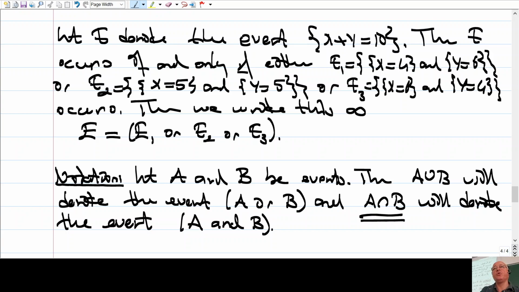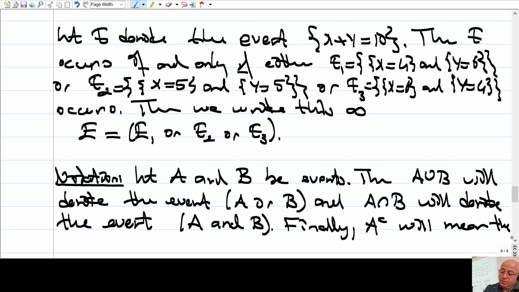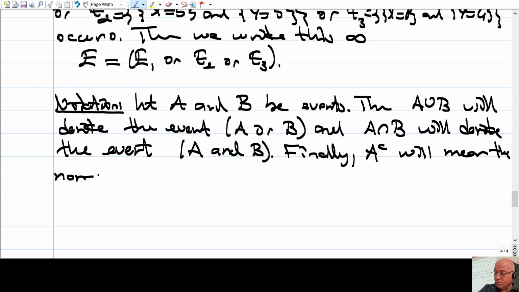Both A should occur and B should occur. Finally, A superscript C will mean the complement of A, the non-occurrence of A. Anything outside A means non-occurrence of A, right? A represents that the event A occurs, so A complement will mean non-occurrence of A.